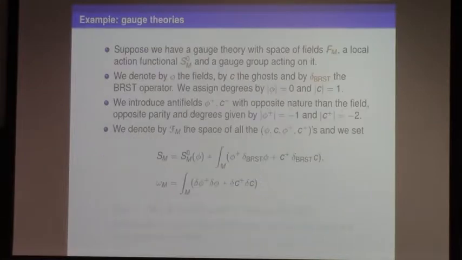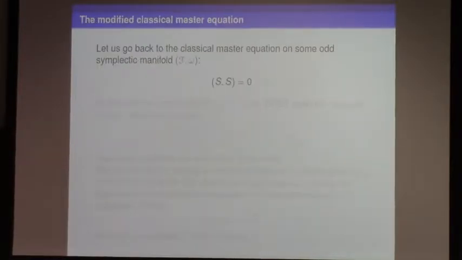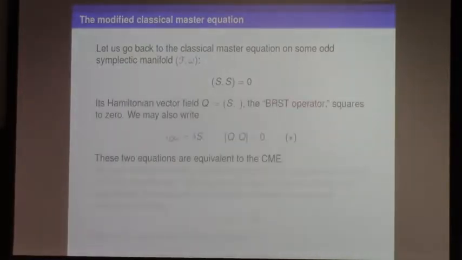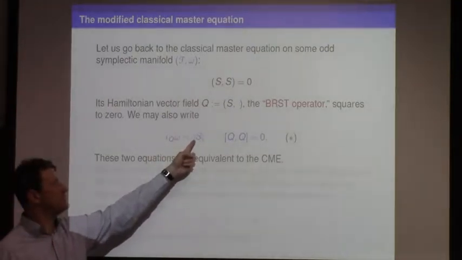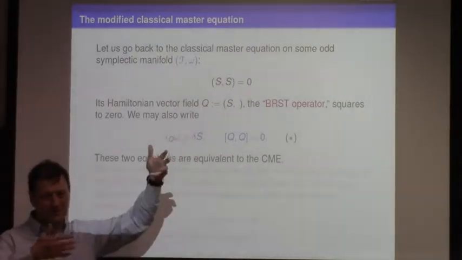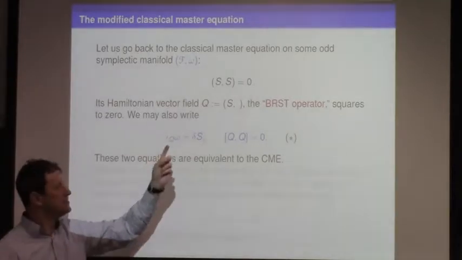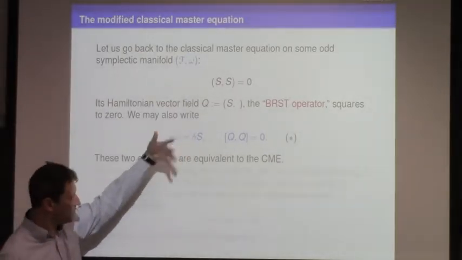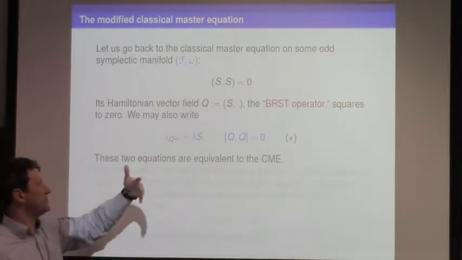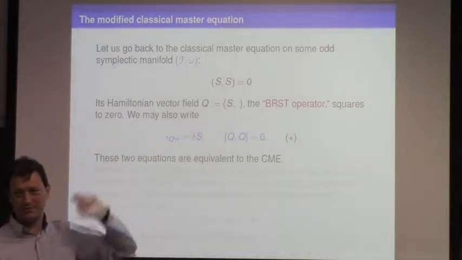And then I spent some time explaining what happens if you want to break this equation, because the problem is that when you apply this to field theory, S is a local functional, and the BV differential is essentially defined in terms of functional derivatives. So when you do this computation, you have to integrate by parts. And so if you want to apply this to field theory on a manifold with boundary, this equation is broken.